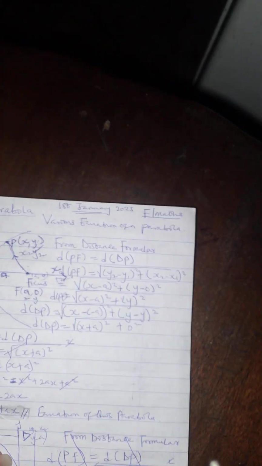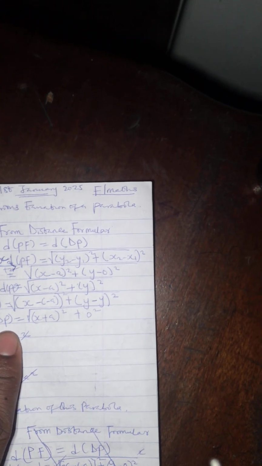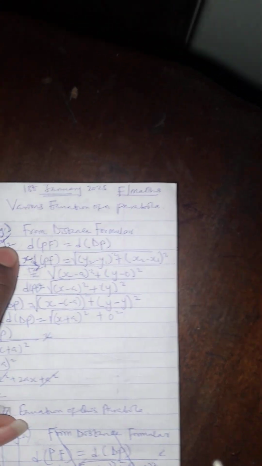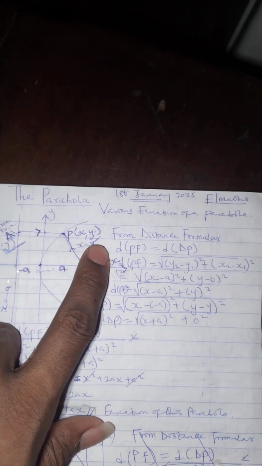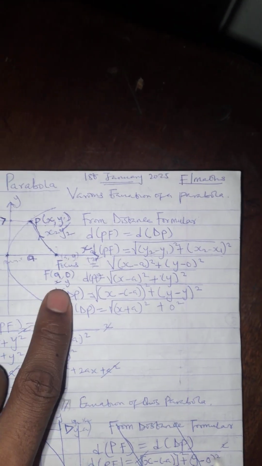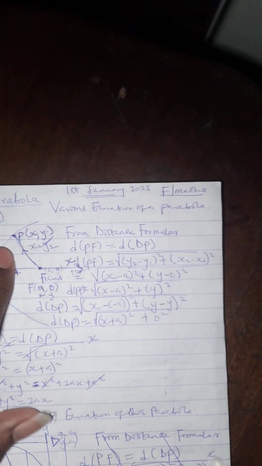We do the second one, PF, and it's still the same method. For PF, y2 and x2 will still be this, but the focus here will now be y1, x1. So you repeat the same method for DP. Then you equate them, because I said they are equal.